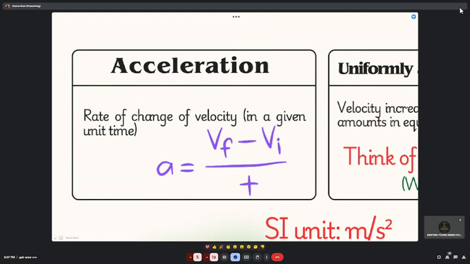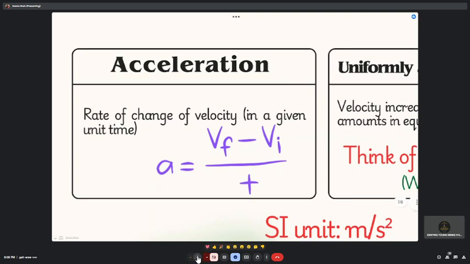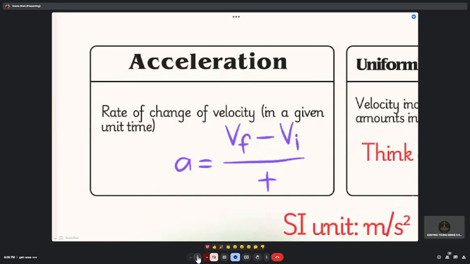Now the change can be increase also, decrease also. When there is a decrease in velocity, we call it retardation. And we take the value of acceleration as a negative value. We will understand that through numericals, but understand this, when there is a negative acceleration, the term we use for that is retardation.